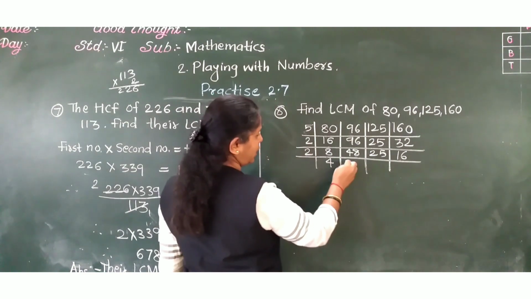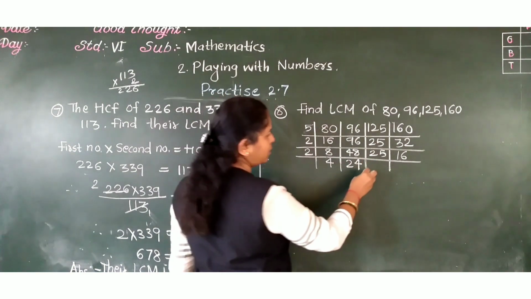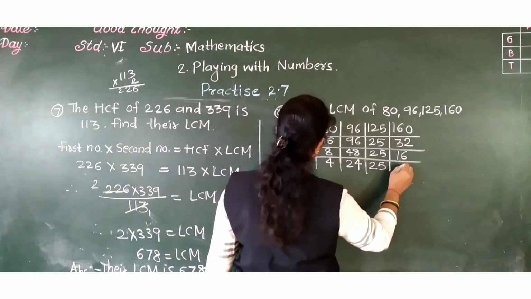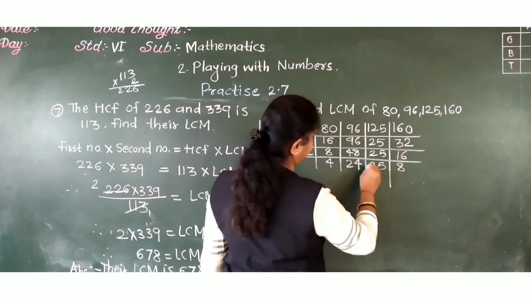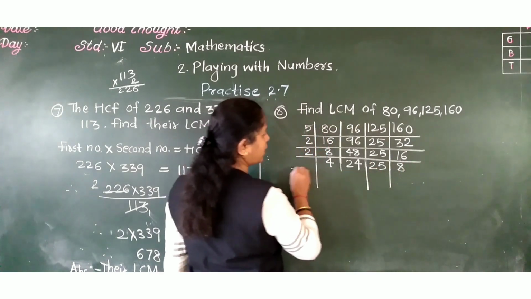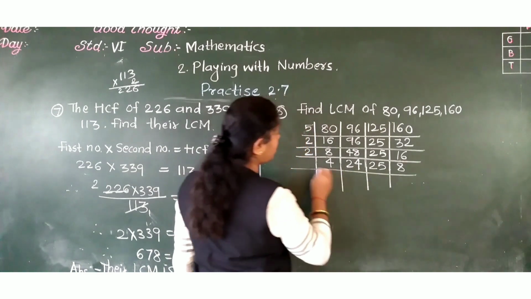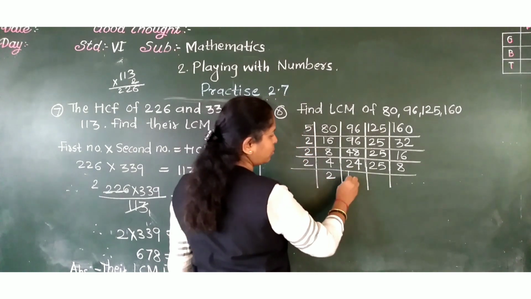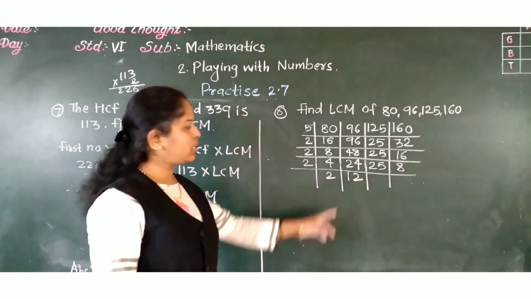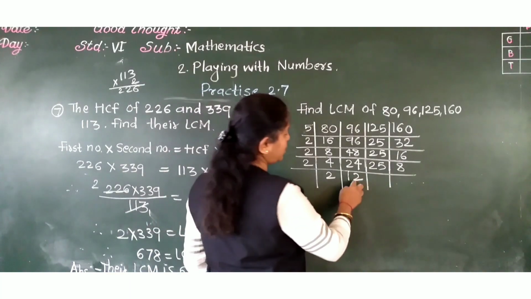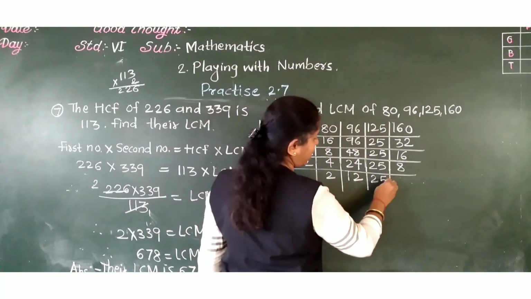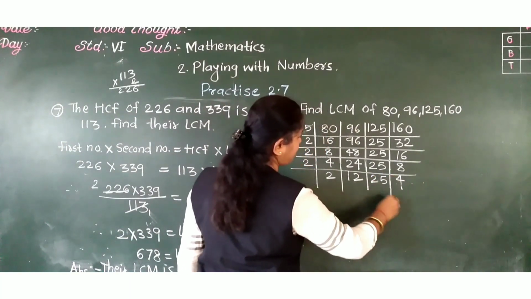So 2 4s are 8, 2 24s are 48, 2 8s are 16, 25. Now again divide by 2: 2 4s are 8, 2 2s are 4, 2 4s are 8, 25.